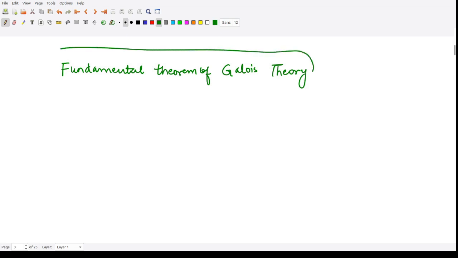That we shall study later on. Before that, we shall first see this terminology and see various examples and the properties of the corresponding fixed fields, and we'll see several examples for the same.